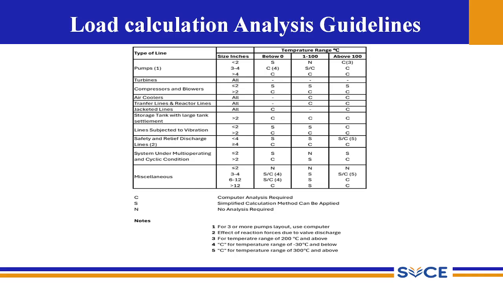Then near 0 degrees, we go for simplified calculation methods. Then 1 to 100, simplified calculation methods. For above 100, we have to look at the temperature range. More than 300, we go for computer based analysis, and less than 300, we go for the simplified calculations.